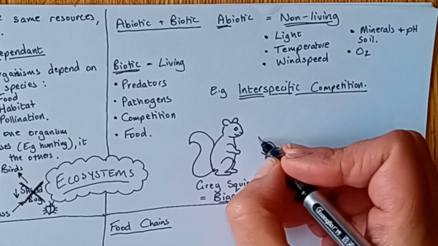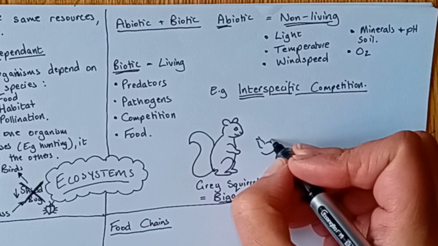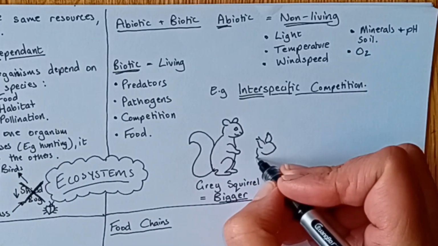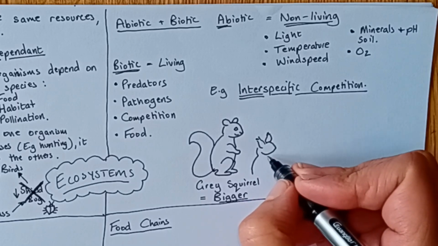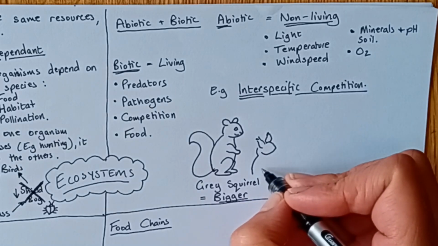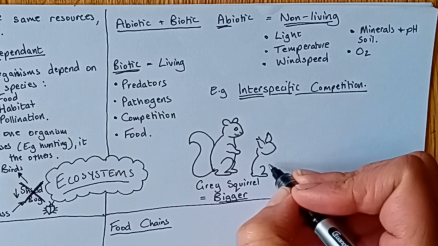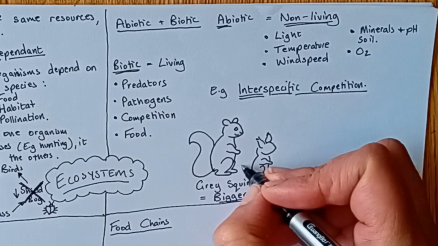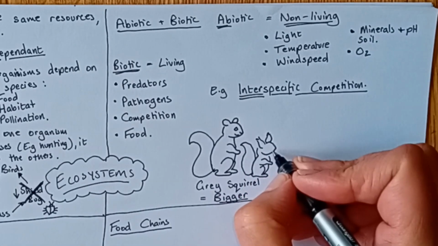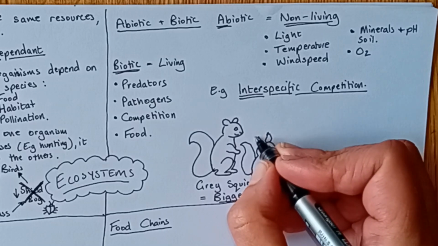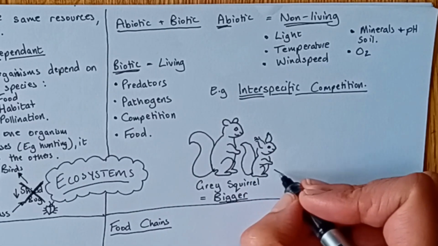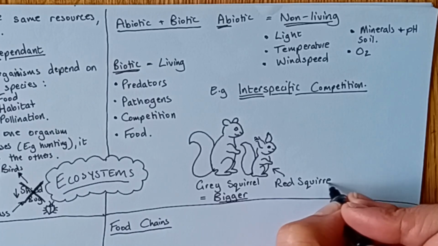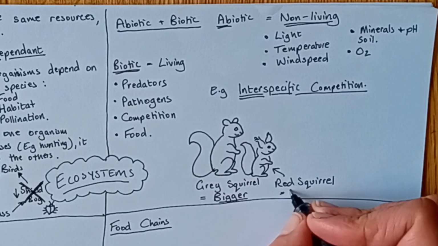Their ears are a bit longer and they've got little tufts on the ends. So the red squirrels are smaller.